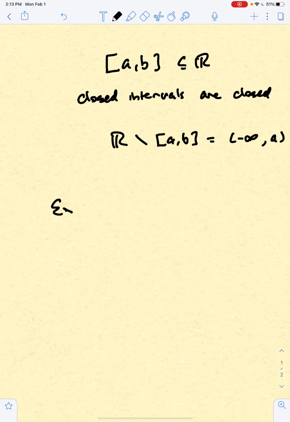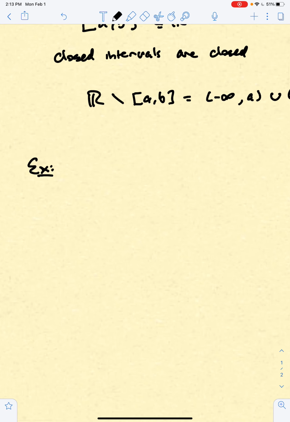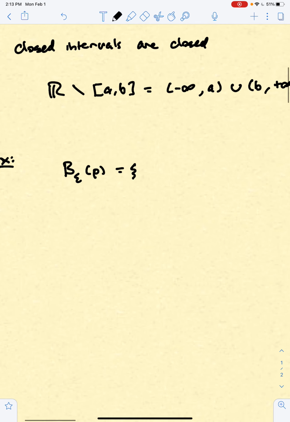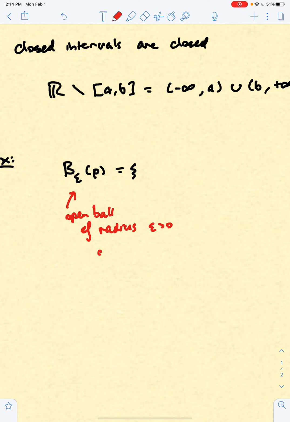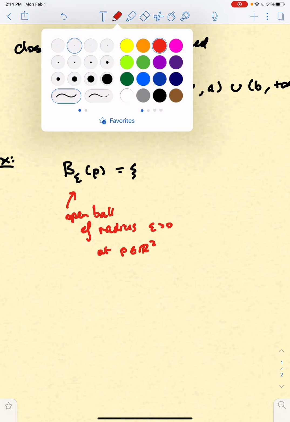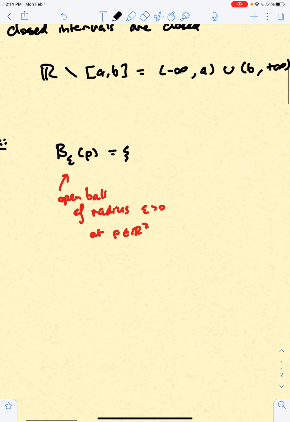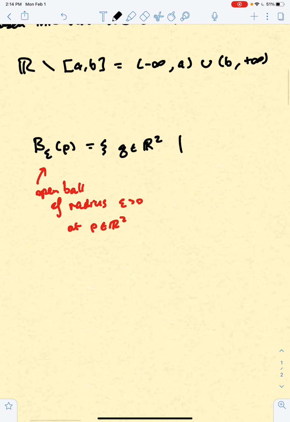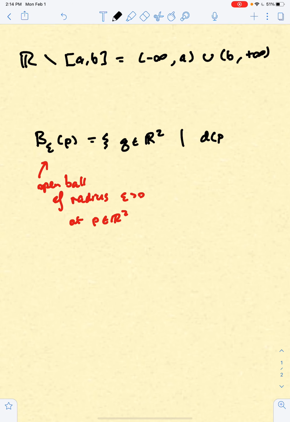We've defined open balls in R2 before. So an open ball in R2 of radius epsilon greater than 0, centered at some point P in R2, or we can even do Rn, consists of all points Q in R2 such that the distance between P and Q is less than epsilon.